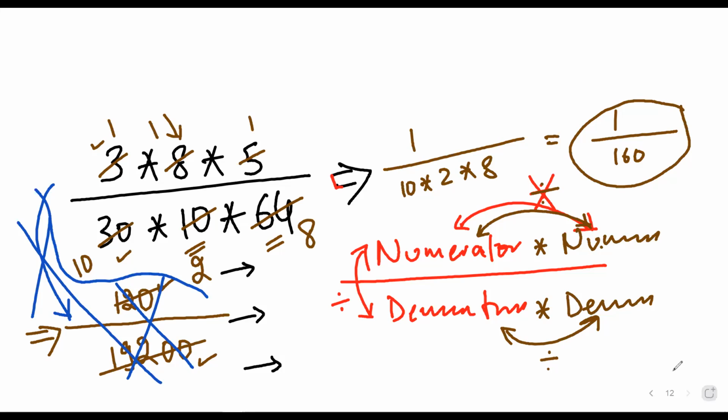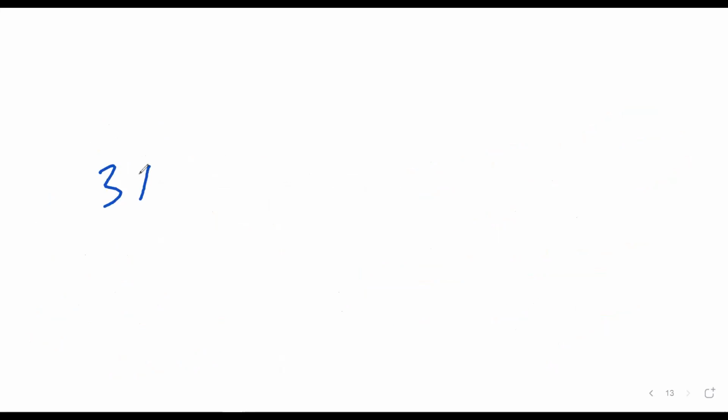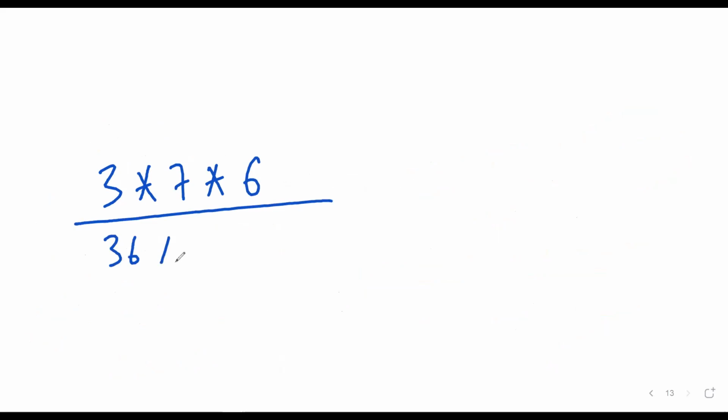So for example, I'll take another example: 3 into 7 into 6 upon 36 into 49 into 9. Soumya, how should I do this? You can divide 9 by 3, which will be equal to 3. Shabash.